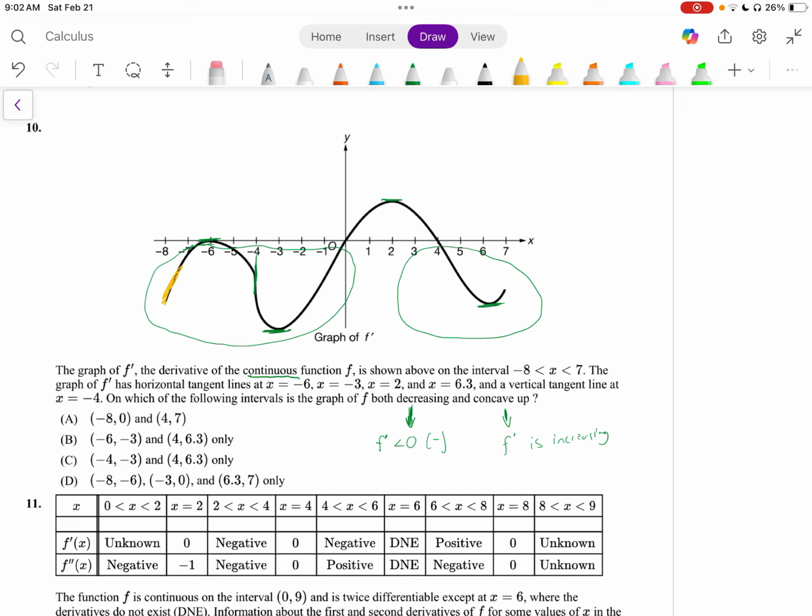So below 0 and increasing is here, here, and right here. So that is from -8 to -6, from -3 to 0, and from, I think they said this was 6.3, to 7, which is D.